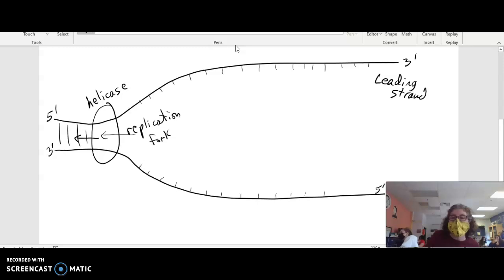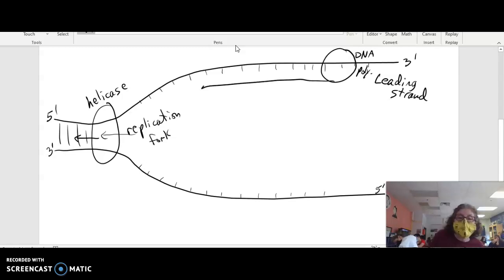This would be the strand where the DNA polymerase, let's say that this is our DNA polymerase, can go continuously in this direction towards the fork because it is reading the template in a 3 to 5 direction and creating new DNA nucleotides to attach to the template in a 5 to 3 direction. So it's reading a 3 to 5 direction, creating in a 5 to 3 direction. That's a really good thing to remember.